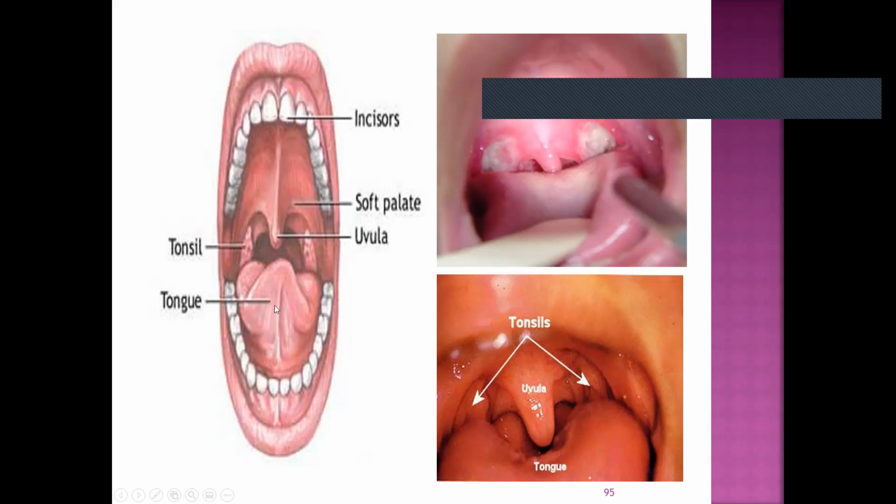Our tongue is located here. So please make your inspection from the top, and then the sublingual area, and also this area, to check for lesions. Here are the pictures. You might want to test it out also.